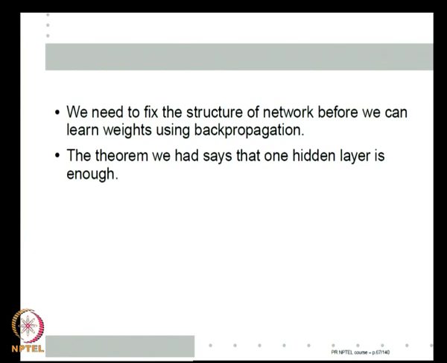So, we can always choose one hidden layer, but we do not know how many hidden nodes to use. There is no theory about how many, so we just do trial and error essentially. On the other hand, I do not want to use too many hidden nodes, because I may overfit. I will come a little later to what overfitting is.